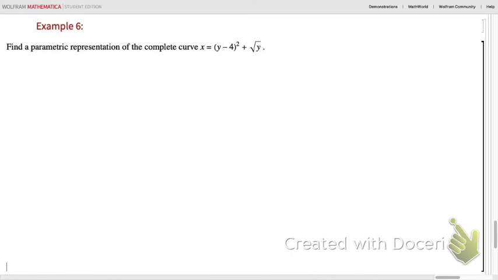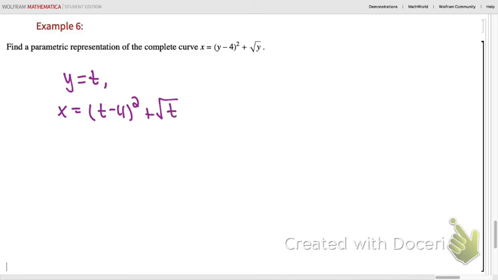Now, whenever they give you x in terms of y, it's easier to choose a parameterization for y first. And you can just do the easy one. Like the first one is, you can just choose y to be t, and then that means x would just be (t minus 4) squared plus the square root of t.